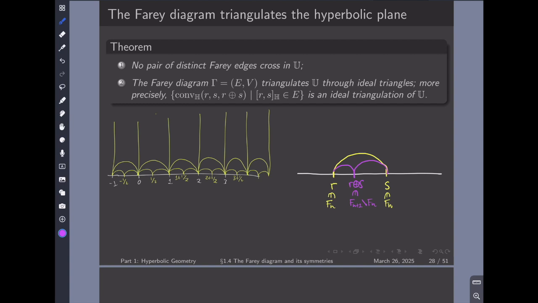So I take two edges, and then these two edges, either they were already edges in Fn, in which case I know they don't cross, or they are two new edges, or they are one new, one old.